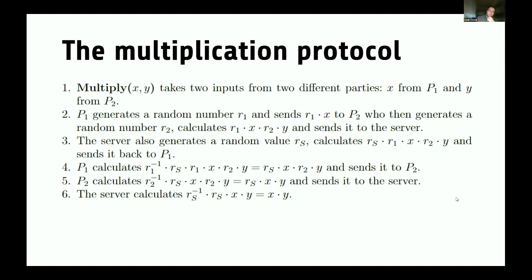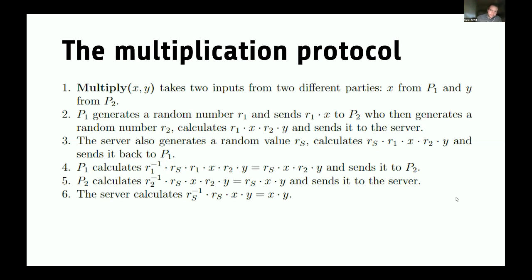First, P1 generates a random number R1 and sends R1 times x to P2. P2 generates another random number R2 and calculates R1 times R2 times x times y. This is the product of the two secret values multiplied by the product of two random values generated by the participants. And P2 sends it to the server.